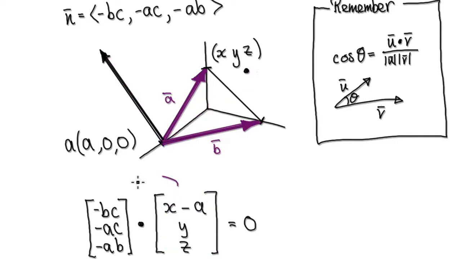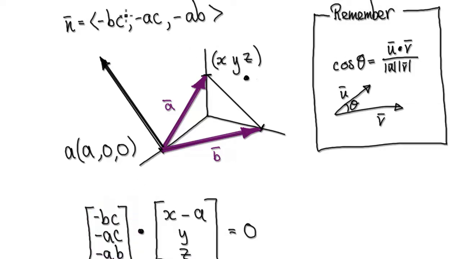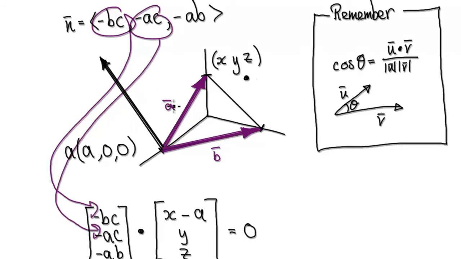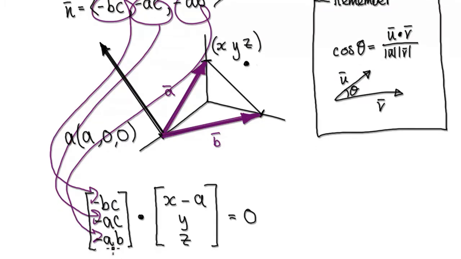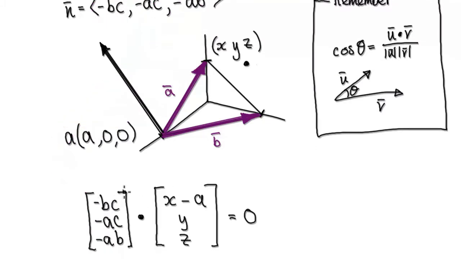So you need to make this demand here. This is our normal vector, because of this here. To describe the plane, you need to demand that the dot product of the two must equal 0.